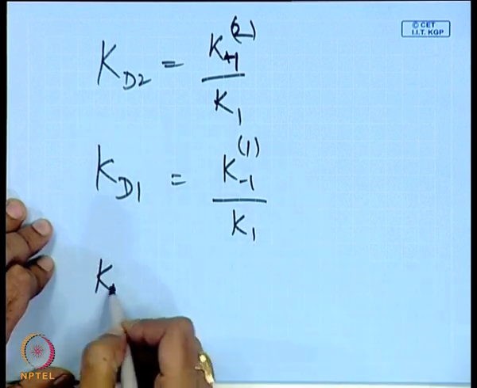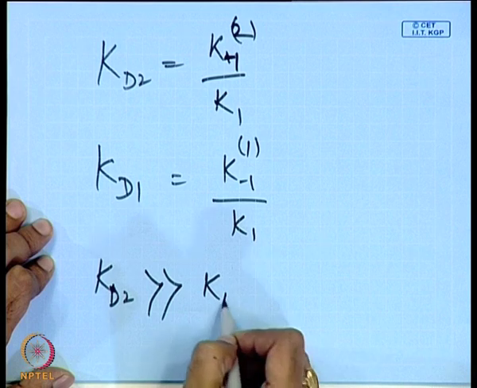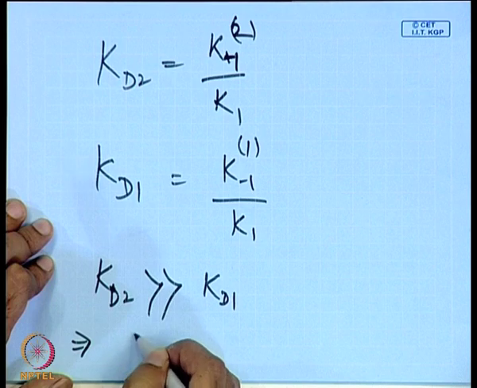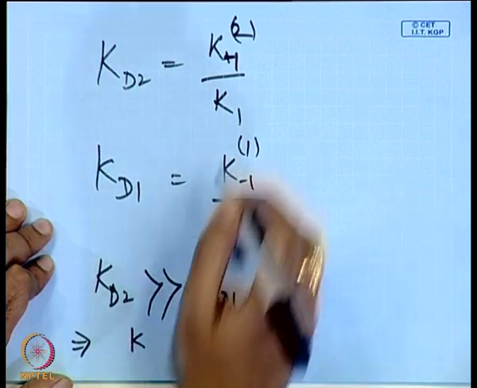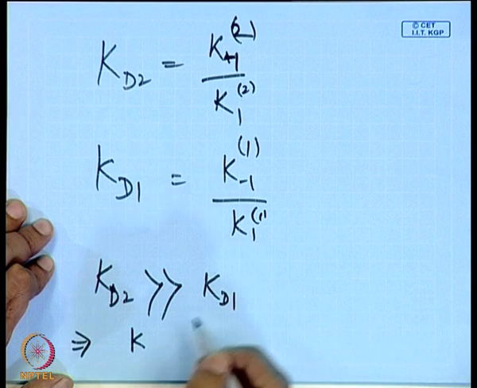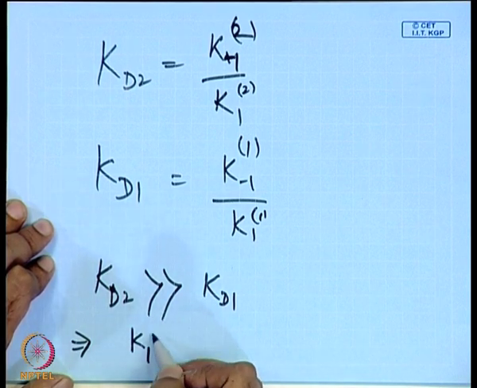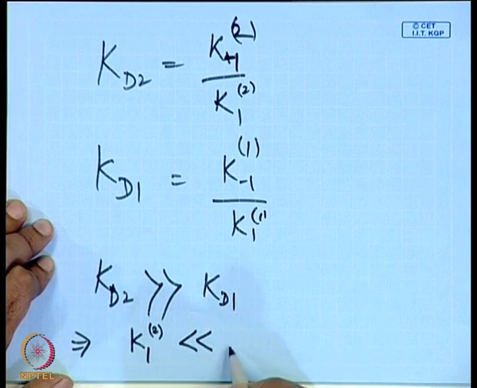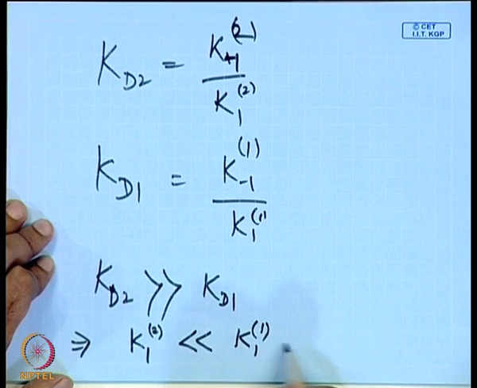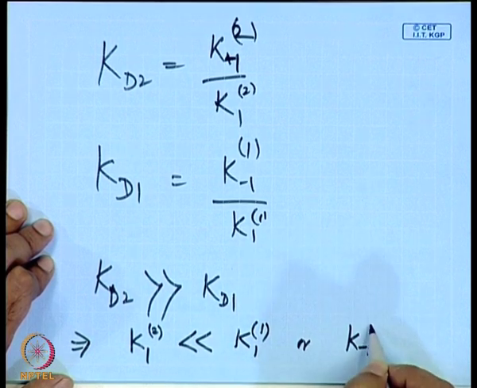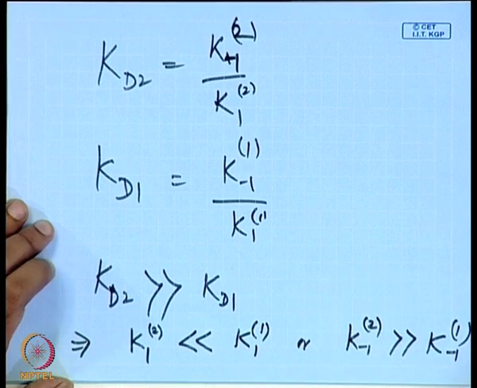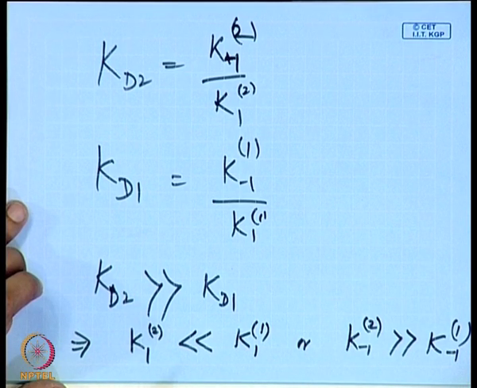So if KD2 is much higher than KD1, it implies that, let us call this K1 2, and K1 1. So one possibility is that K1 2 is much lesser than K1 1, or K minus 1 2 is much greater than K minus 1 1. Okay. Whichever way, what does it imply here?